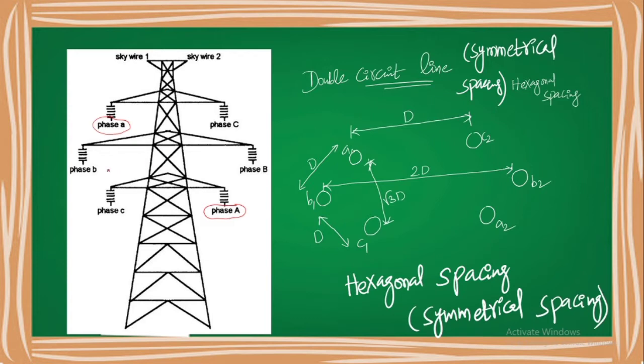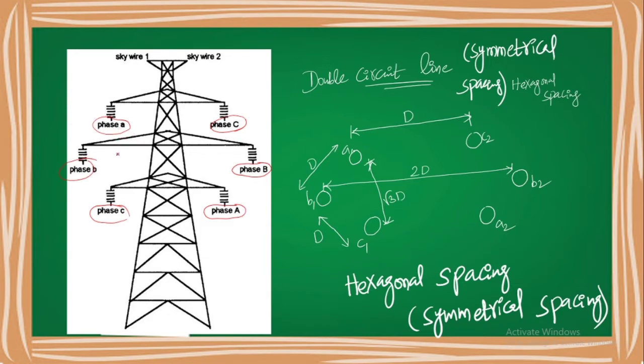Now here, if you observe, this is phase B, and this is another conductor of phase B. This is phase C and this is another conductor of phase C. Like this, by dividing each phase into two parts, we place each part at one side of the supporting tower by maintaining a larger distance.